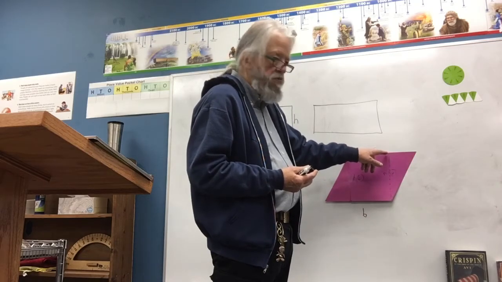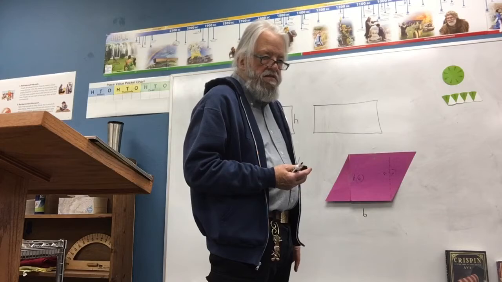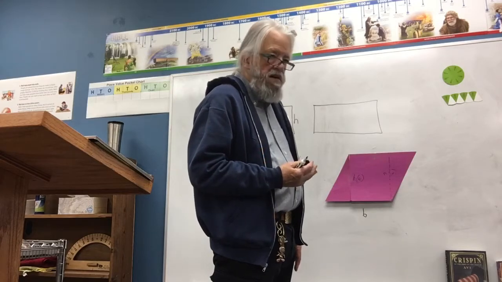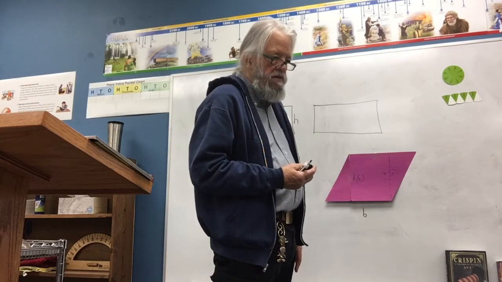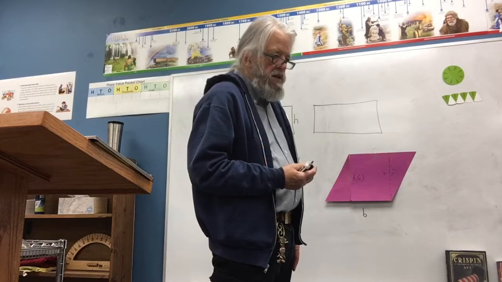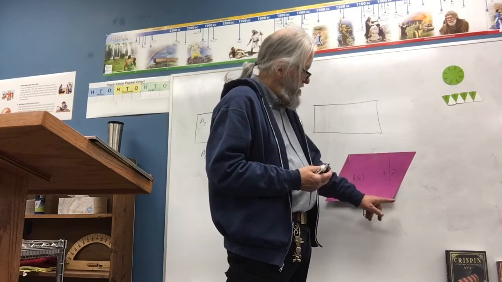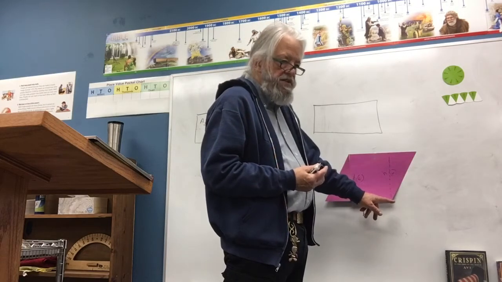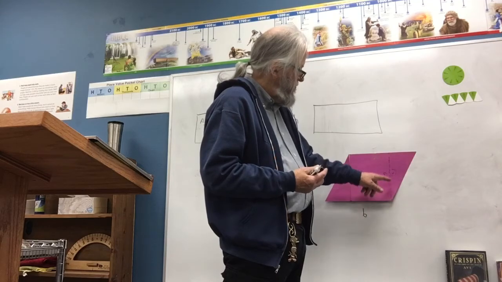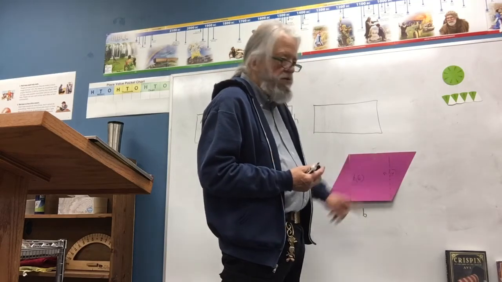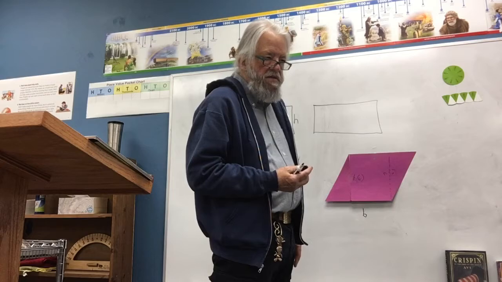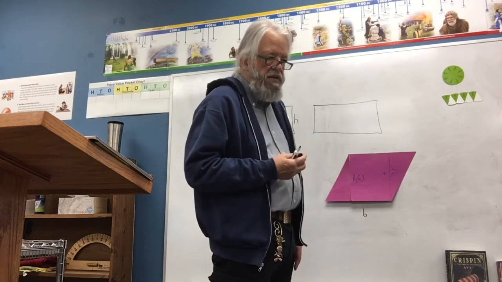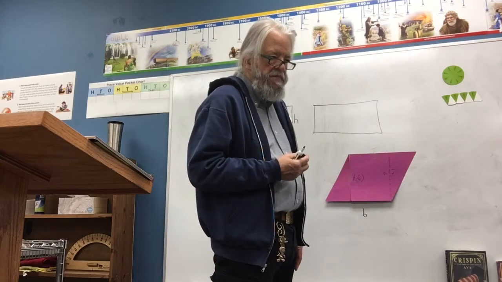This has to form a 90-degree angle. It has to be a perpendicular line. And then the height is defined as the distance from the base to the top along a perpendicular line. Okay?